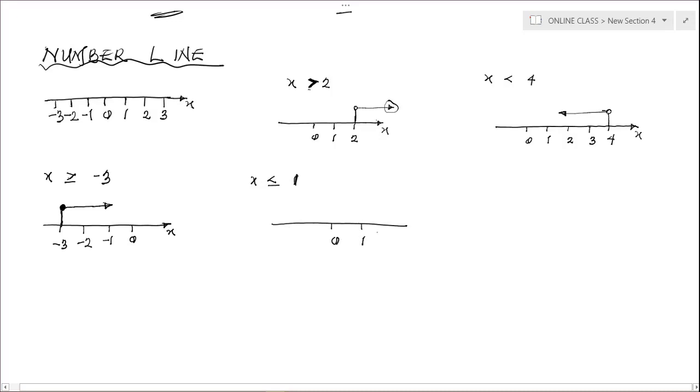Here is 1, 2. On the 1, you draw your line down. Your circle there should be a shaded one. Then you draw the line to the left, and your arrow is put there, showing the direction of the sign. Hope you understand this. Yes.